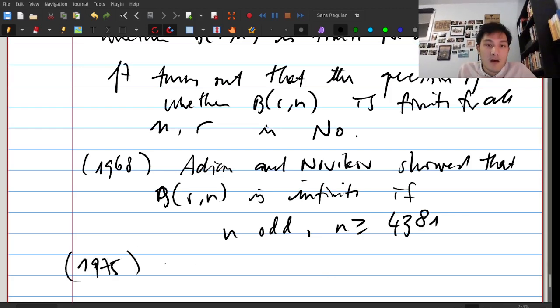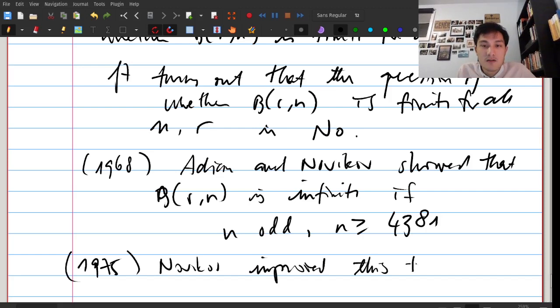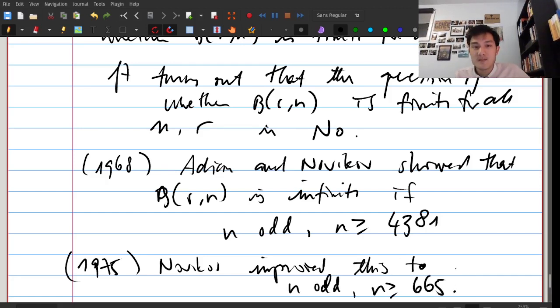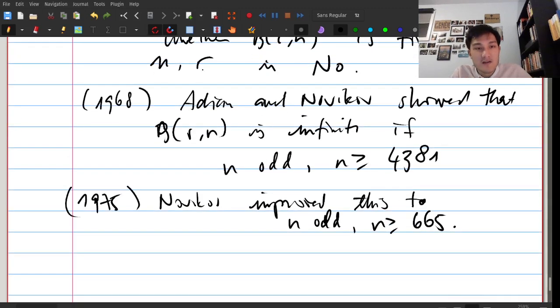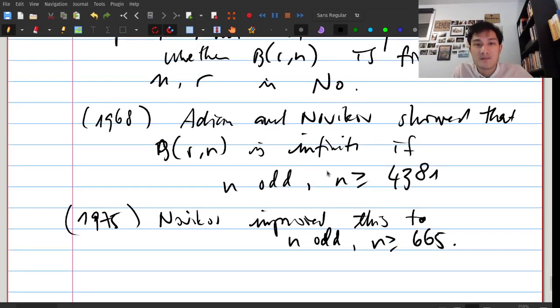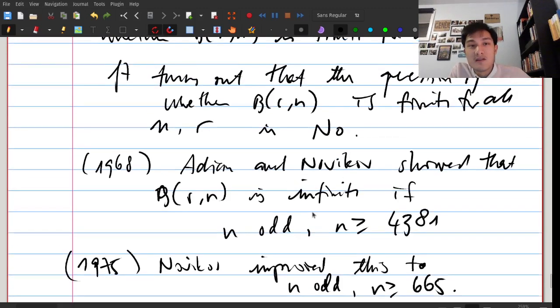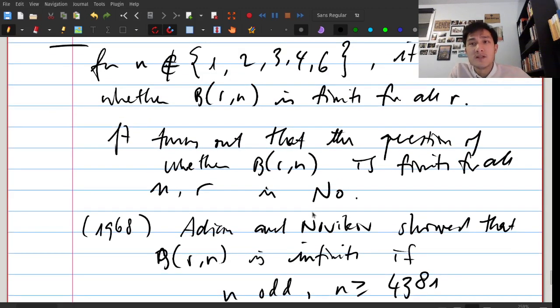And then in 1975, Novikov improved this to odd n greater than or equal to 665. Okay, same Novikov, I assume, unless maybe they were relatives. I'm pretty sure they're the same one. Okay, so yeah, the answer is no, but there's still a lot we don't know about Burnside groups.